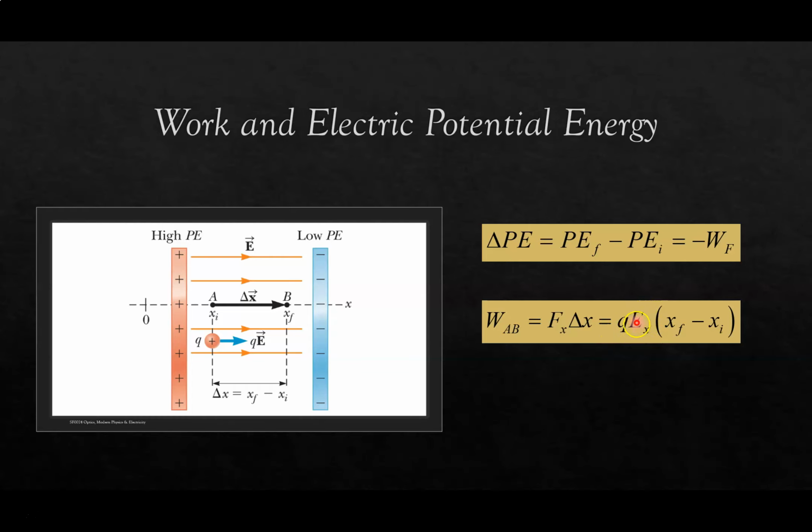In this expression, Q is the charge and Ex is the vector component of the electric field in the x direction, not the magnitude of the electric field.